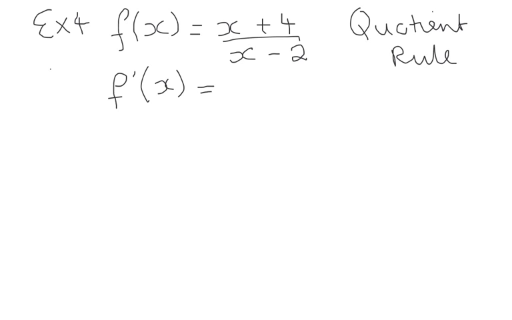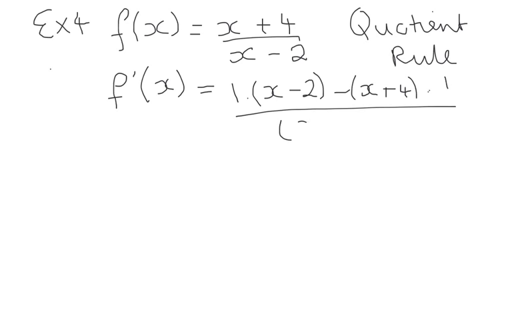Quotient rule: we take the derivative of the numerator, 1, multiply by the denominator left alone, subtract the numerator multiplied by the denominator differentiated, which is 1. Divide by x subtract 2 all squared.